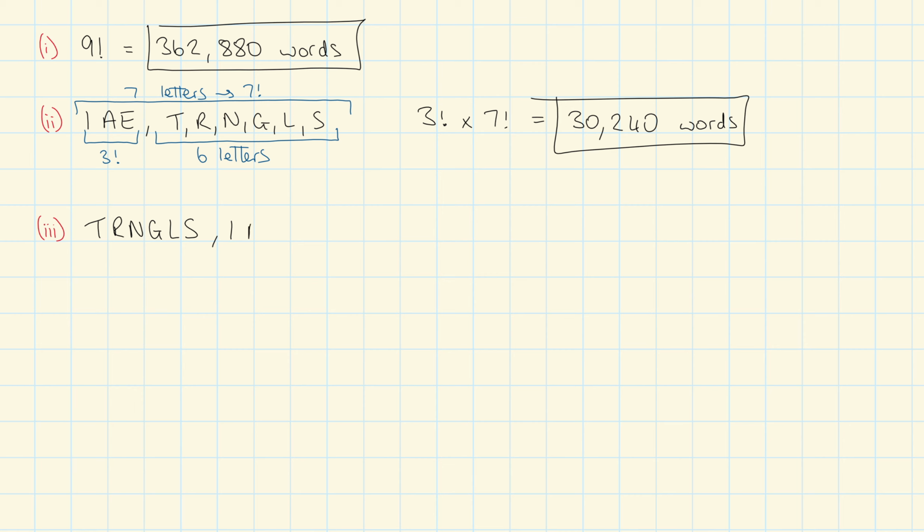And I'm left with I, A, and E as my options. So again, same idea as above. For this here, we have 6 factorial, and for the 3 vowels plus the block, we get 4 factorial. So it's going to be 6 factorial multiplied by 4 factorial. Enter your calculator, and we'll get 17,280 words.